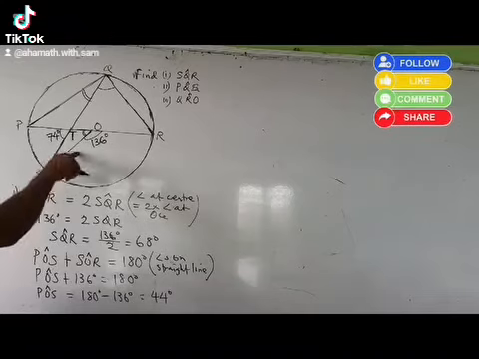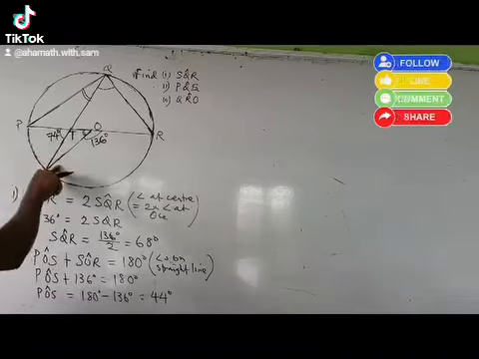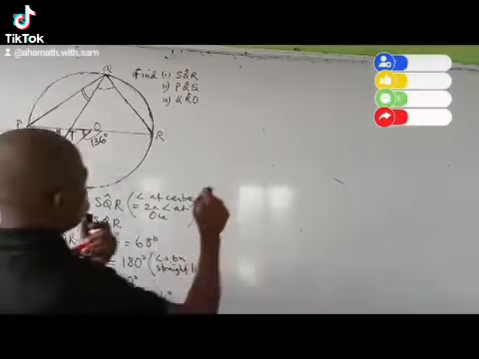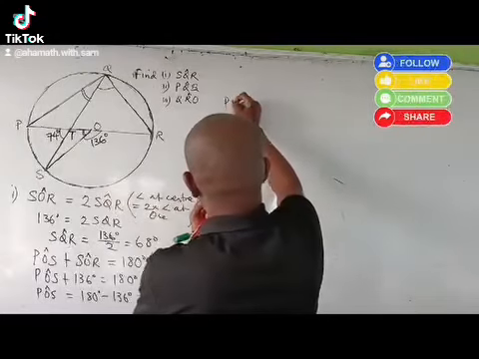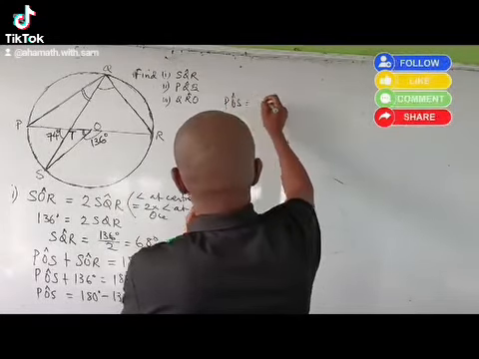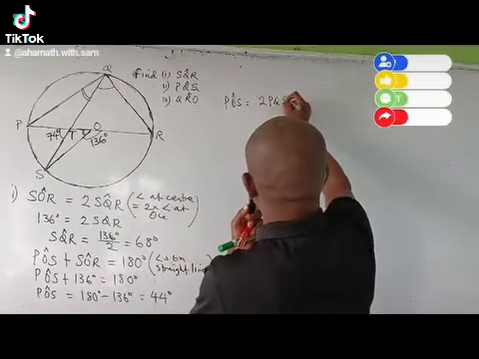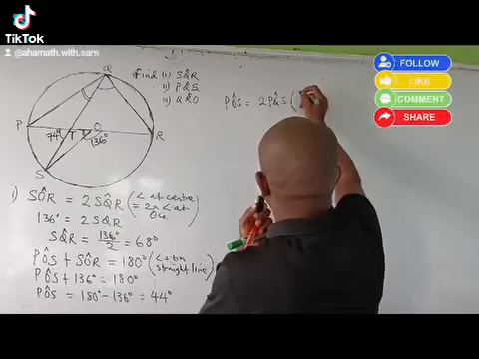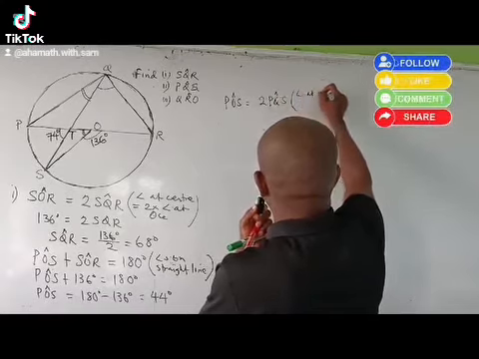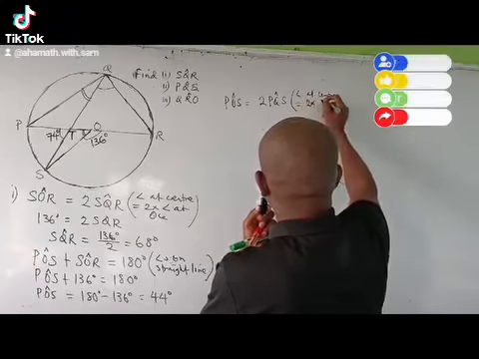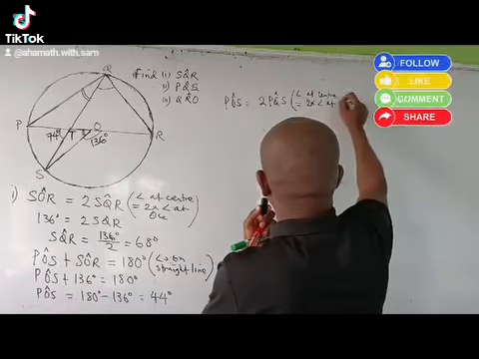Now, POS is twice PQS. So we have that angle POS is equal to 2 times angle PQS, for the reason that angle at center is equal to 2 times angle at circumference.